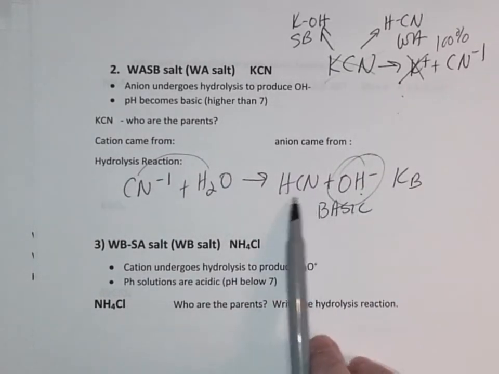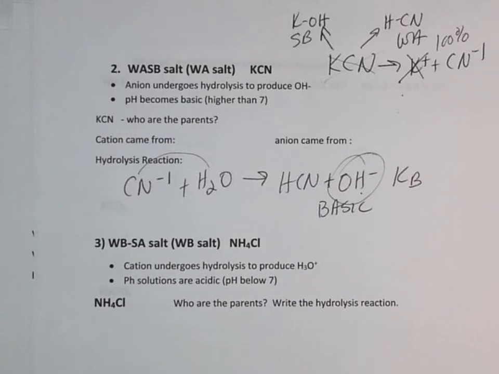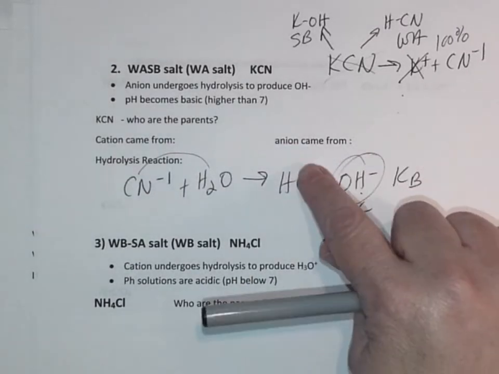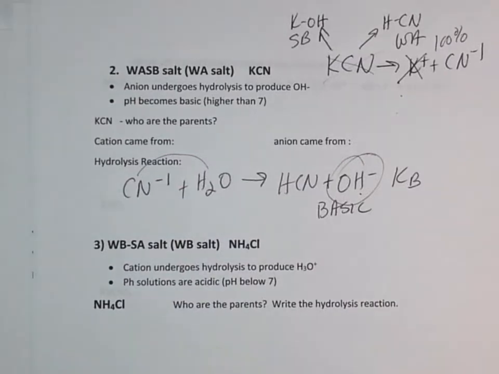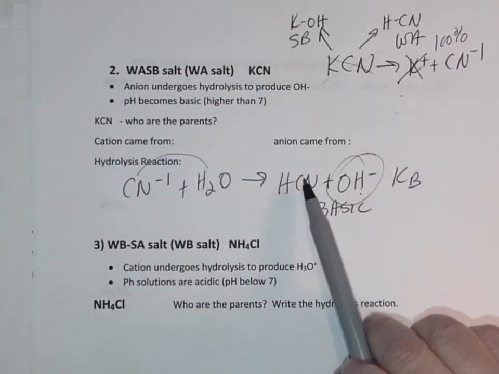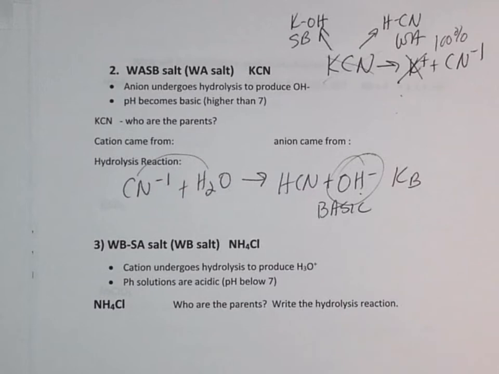Now, why is that basic? Because it also makes an acid. But the acid is weak, right? Weak acids stay as the molecule. They don't ionize, so it's not impacting the pH. If this was to go on to 100% ionize, it'd be a whole lot of mess. But because this is a molecule, I don't have to worry about that impacting the pH.